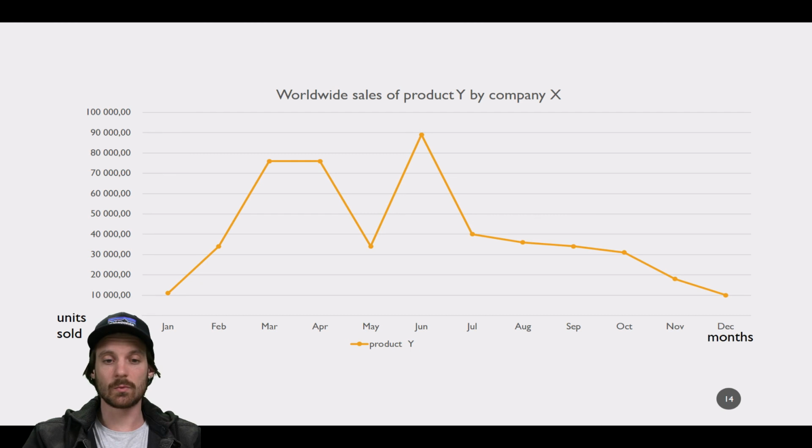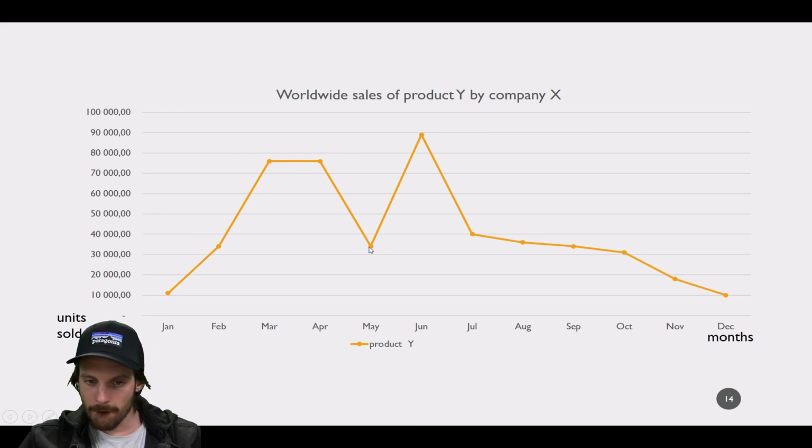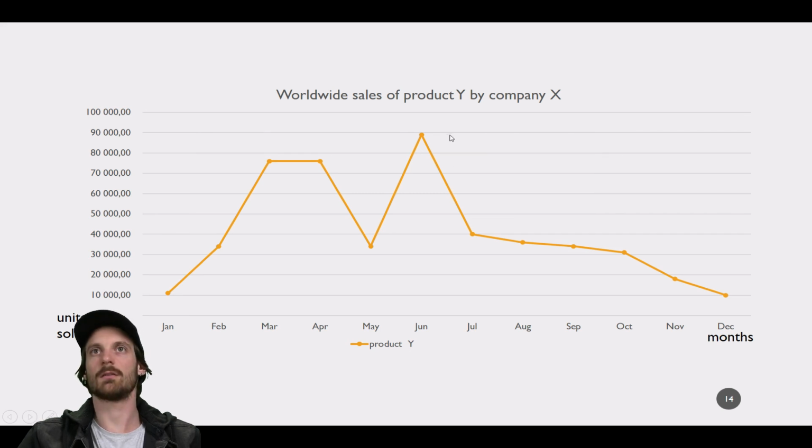In this case, if you want to, you can just pick out an event that is quite outstanding here. For example, in June, I don't know the year, so just come up with a year. So it's 2017.